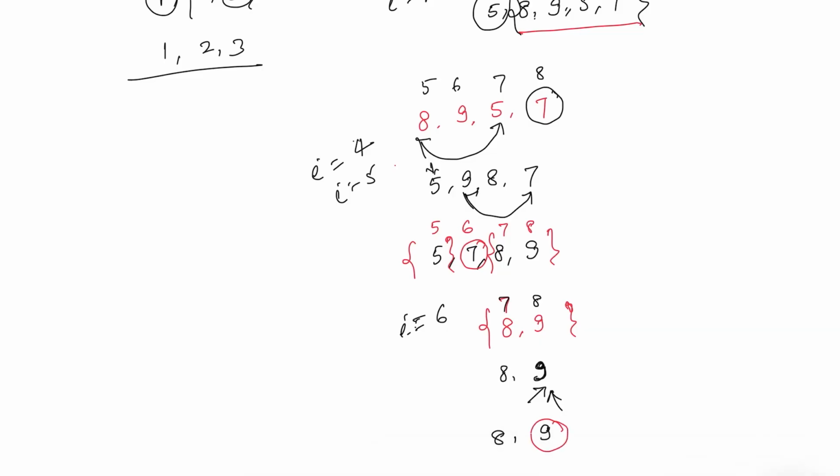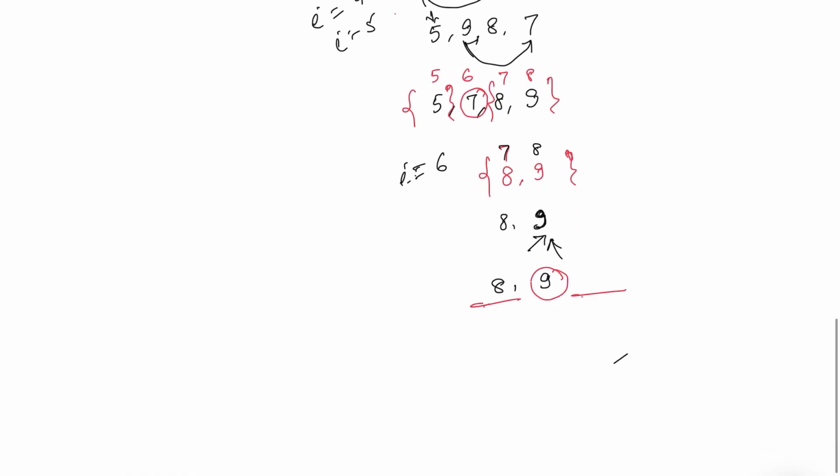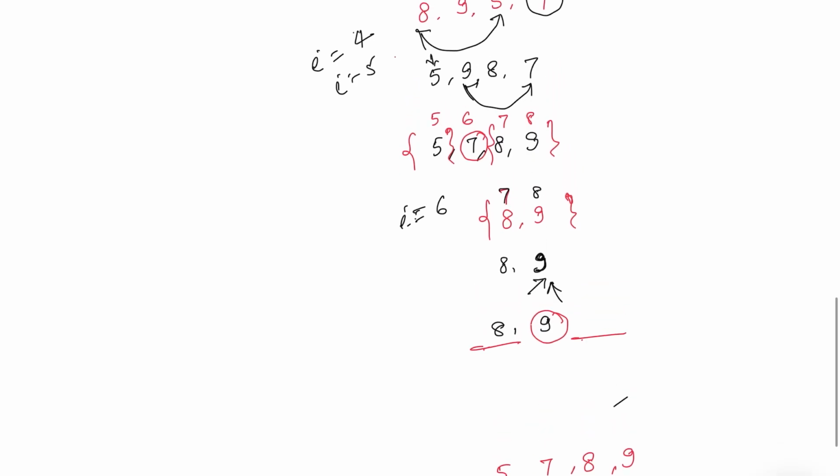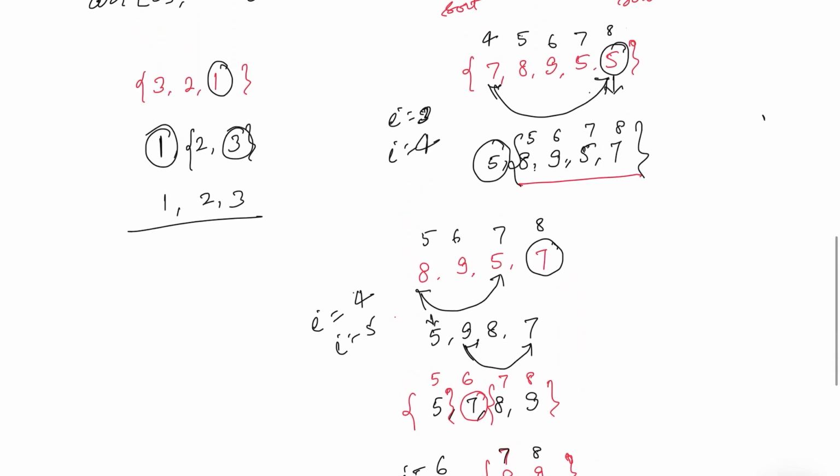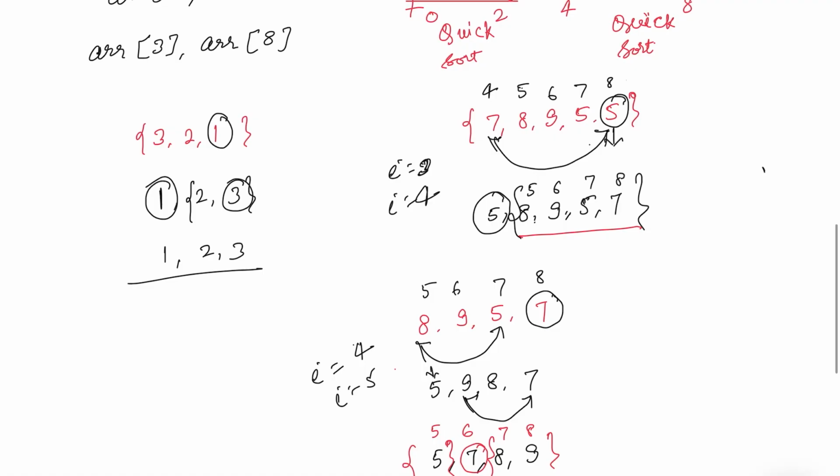Whatever elements are less than 9 are on the left, and whatever elements are greater than 9 are on the right. So see from below what happened: 9 8 7 5. Till 5, there were 4 elements after the initial pivot.